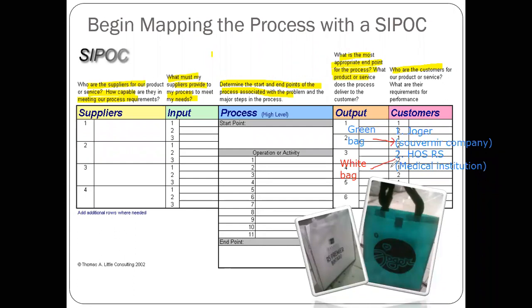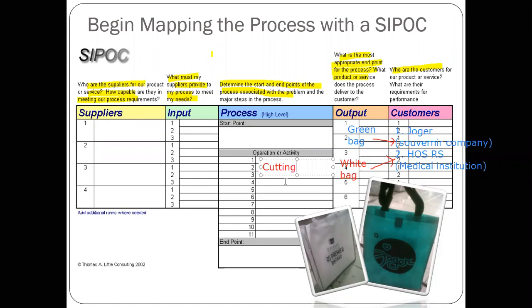And then what are the processes? We are trying to understand that they have several processes. Maybe the first one is cutting the cloth.